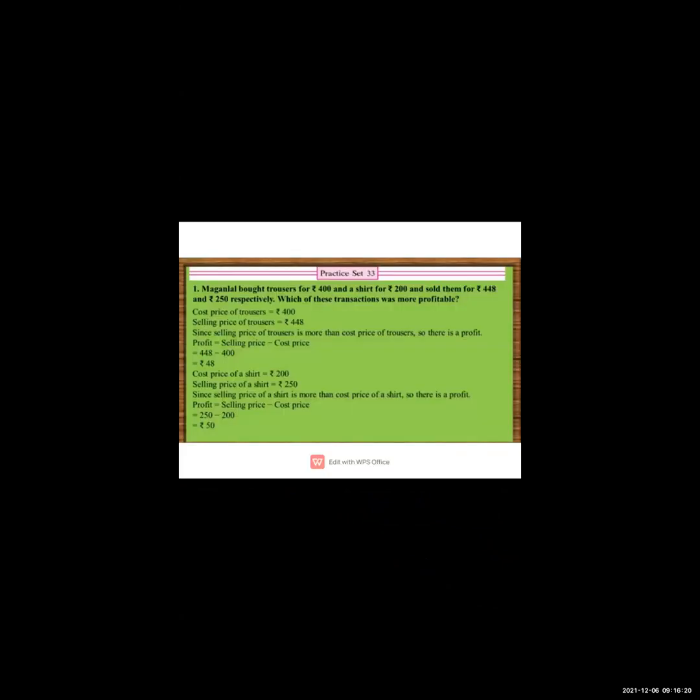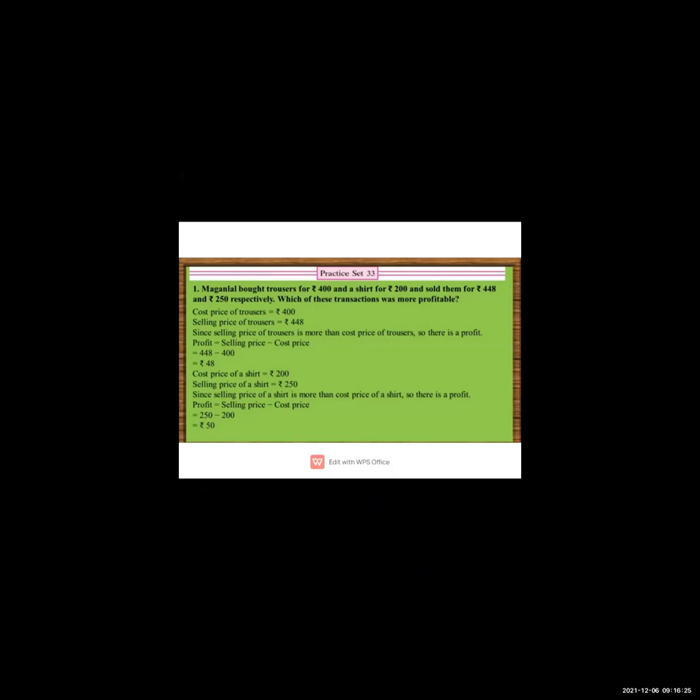And the same if you are removing loss percentage, you will write loss percentage is equal to loss upon cost price multiply by 100. So this is the formula. You will learn it as we start the practice set.